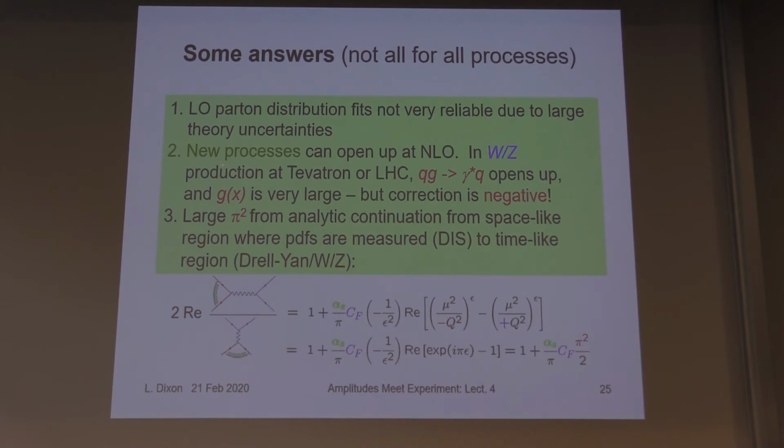And the other thing is that in some cases there's new dynamics or new processes that open up. For example, in W and Z production at the LHC, the leading order channel is q q-bar. But when you go to next to leading order, all of a sudden you can have gluons in the initial state. Remember how much larger the gluon distribution was than the quarks?